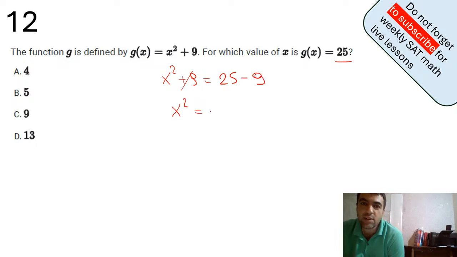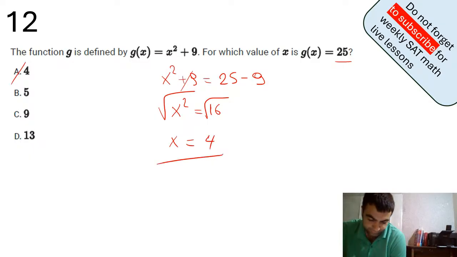X squared is equal to 16. And the square root of 16 should be 4. This is A. Mr. Shahin, did you understand why it is A? You say it's D, but it is not B. X squared plus 9 should equal 25, okay? Because it is given that.